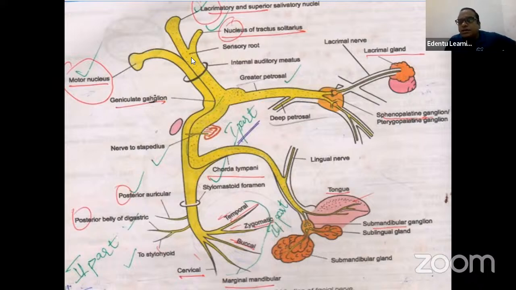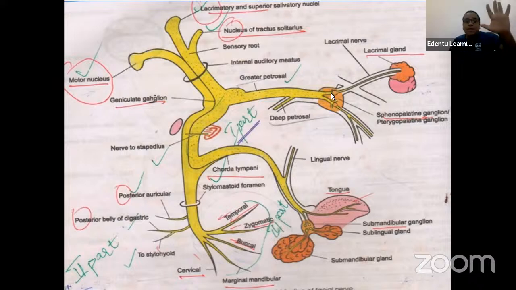That is, nucleus tractus solitarius, lacrimatory nucleus, and superior salivatory will become one. And they give branches: greater petrosal, deep petrosal, lacrimal. Then through the spinopalatal ganglion, which we just discussed, through the greater petrosal nerve it enters, facial nerve, spinopalatal ganglion.